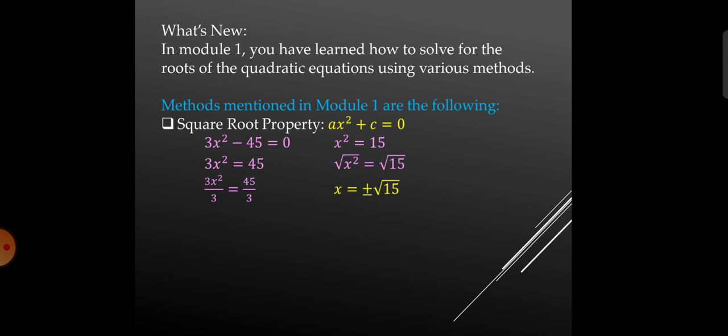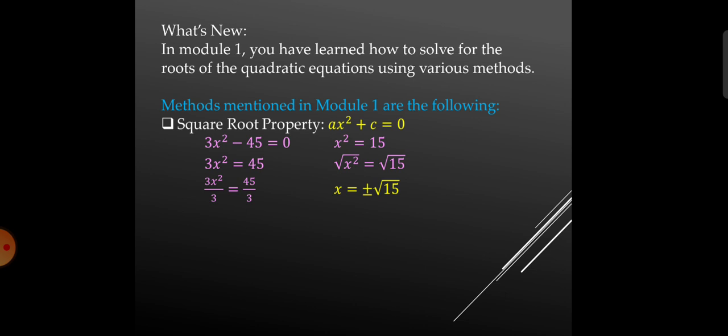So, to make it just the variable x, the square root has an imaginary index which is 2, the smallest index for radicals. So, the square root cancels the exponent of the variable x in x squared. So, x is equal to positive negative square root of 15.